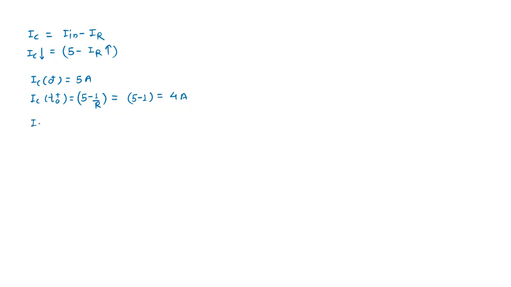Now let's say at some different time instant, T1, my capacitor is charged to 2 volt. The current across the capacitor around that instant, if R is 1, will be 3 ampere. Similarly, we can consider a few more instants of time. If my capacitor is slowly charging to 1, 2, 3 volt, then the current remains 2 ampere.